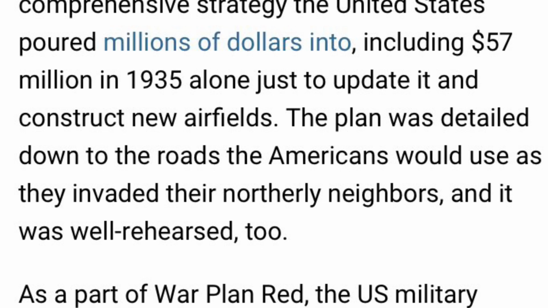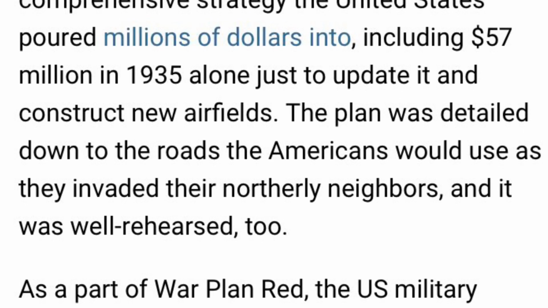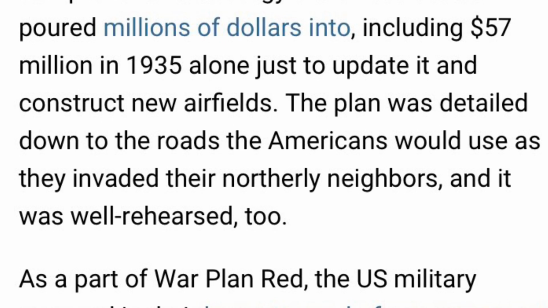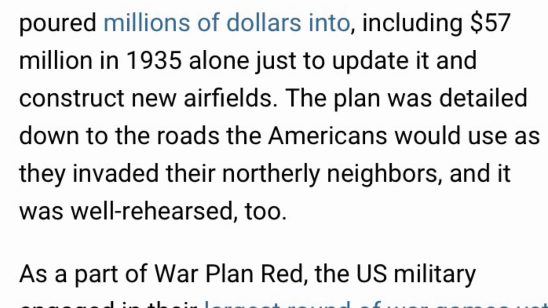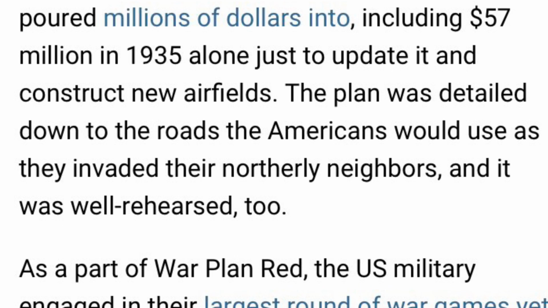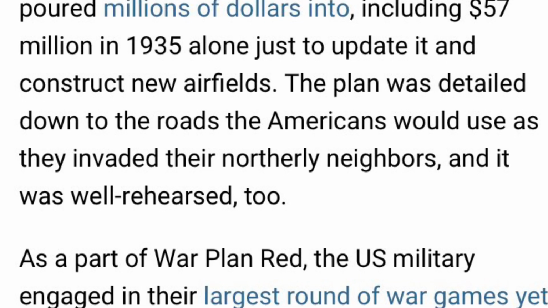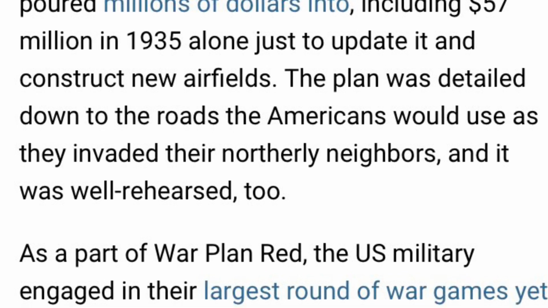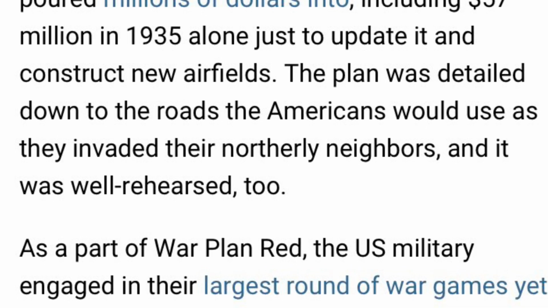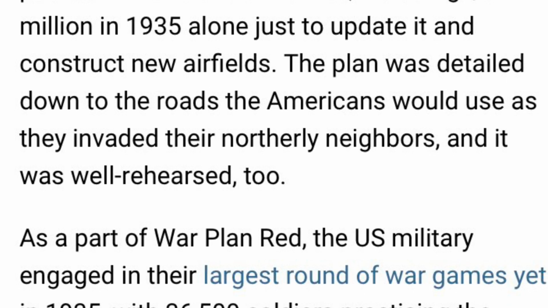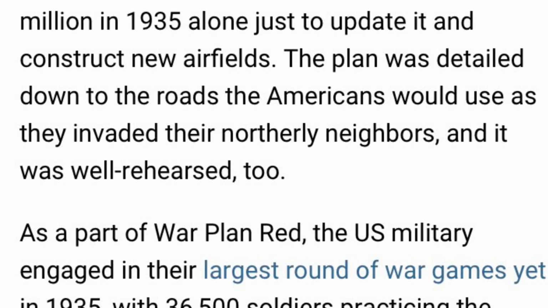When I first heard of this, I thought it was crazy. And then when I started studying and reading it, and it said this was a plan during the 1930s, and they poured millions of dollars into it in 1935 alone. Over $57 million in 1935 alone.